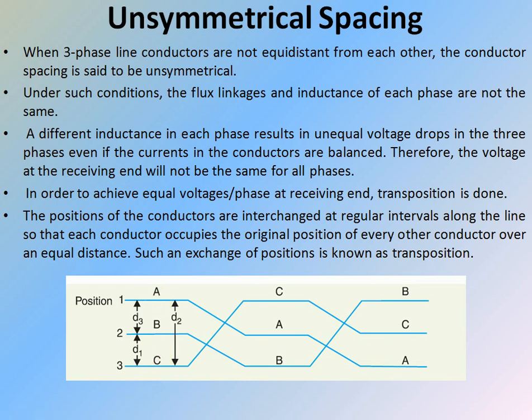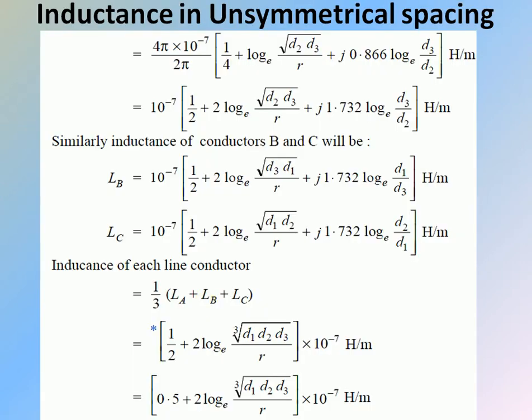Therefore, if we know the inductance of conductor A, conductor B and conductor C in these three positions, due to transposition, these positions are occupied by conductor A in equal intervals. Hence, to determine the total inductance of conductor A, you have to find the average value of the inductances of conductor A, conductor B and conductor C at position 1. That is being shown here.